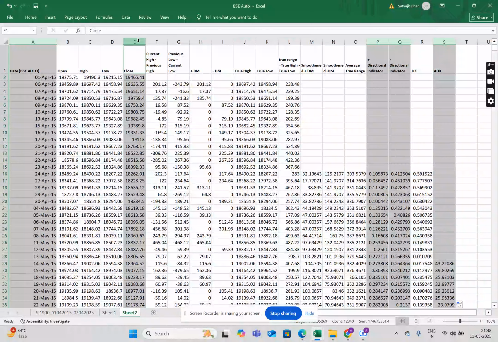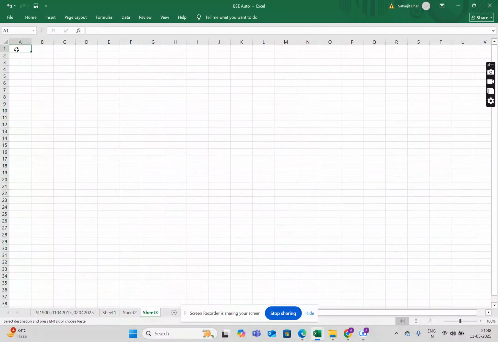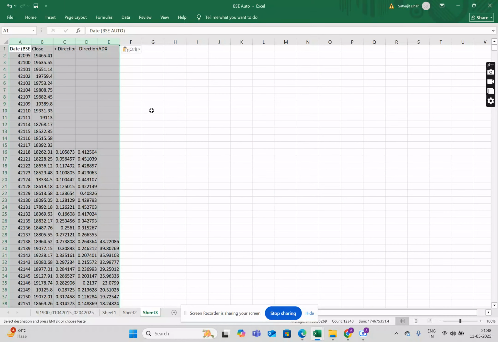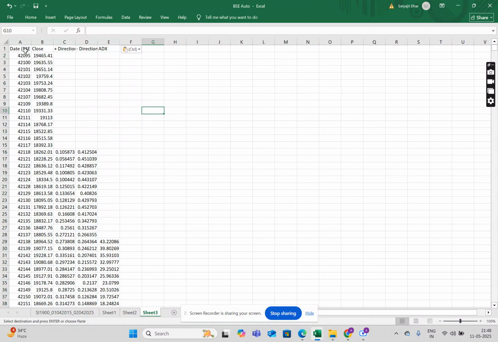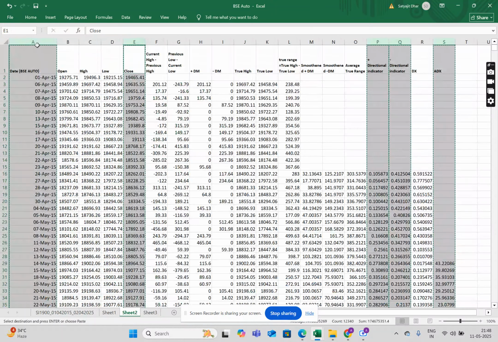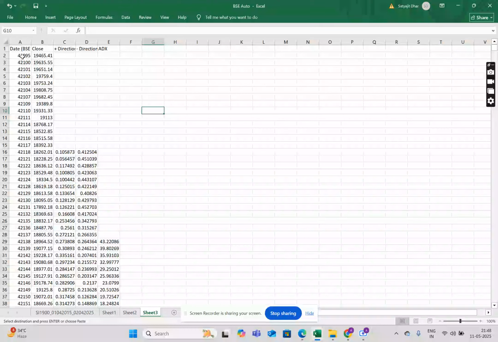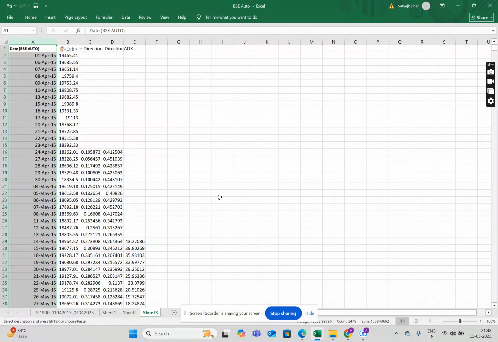So now let's take this data, the date, the positive directional indicator, the negative directional indicator, the ADX and the close price, to another cell because we will be analyzing them with graphs, and make sure you paste them as values. Pasting date as values is a little problem, but the rest is fine.